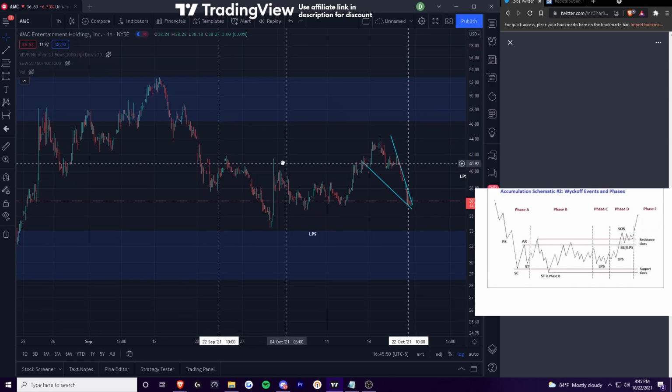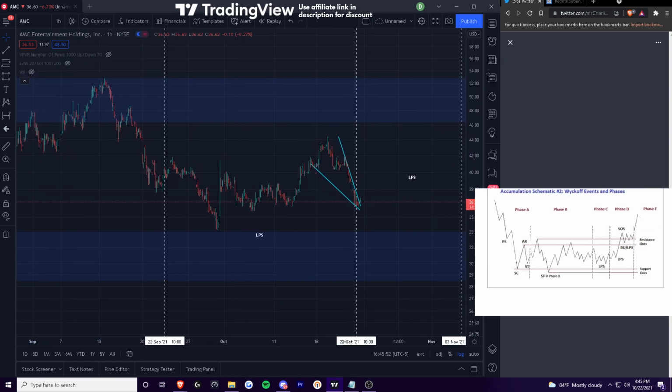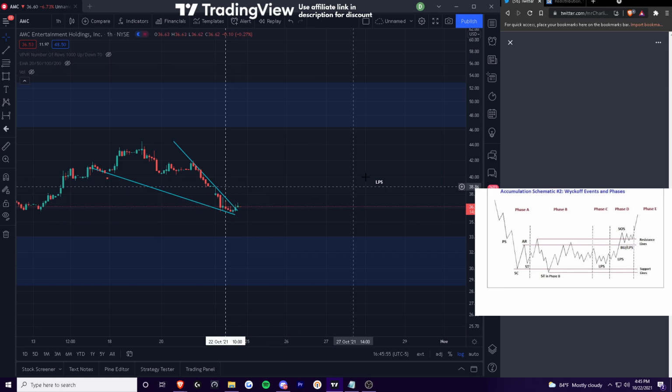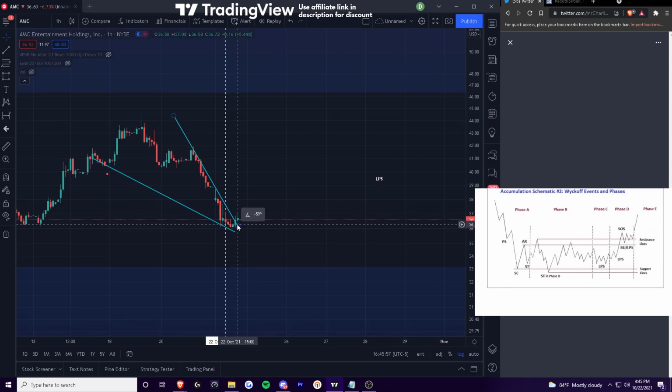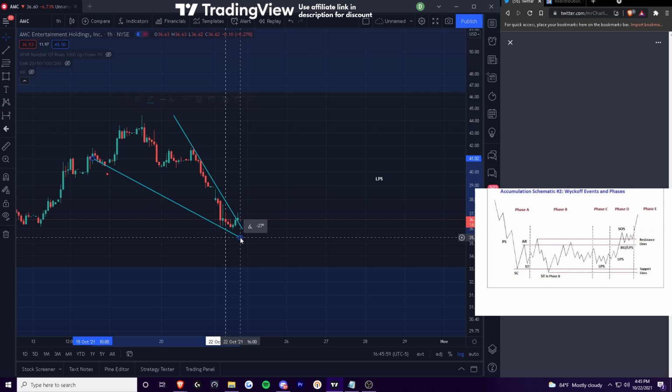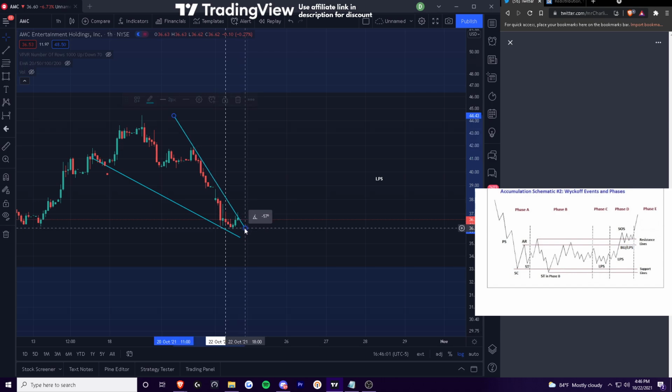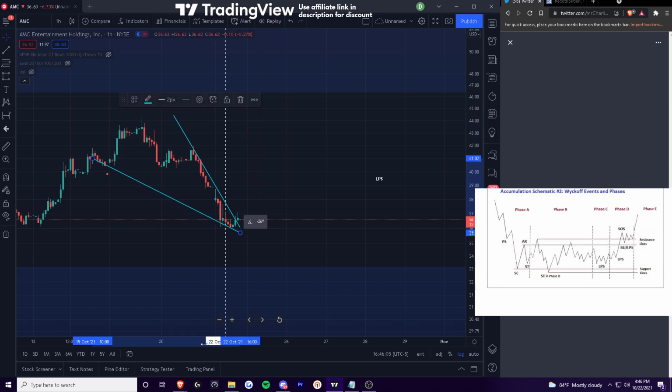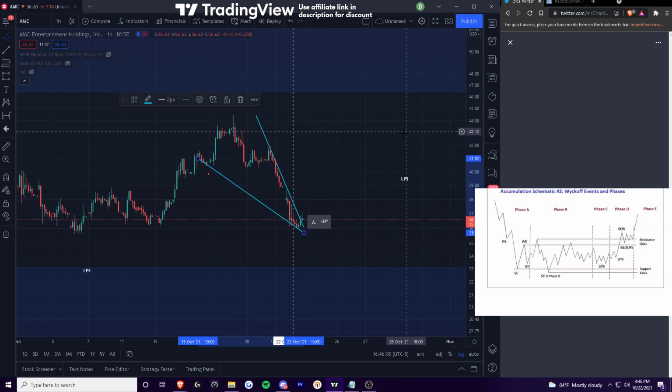But we move on. So we had this falling wedge, and then we broke out of it. Now we're in after hours, still above it. Maybe we come down for a retest. Maybe the falling wedge is here, maybe it's further in. I don't know. Obviously we're going into next week and we're going to see what happens.